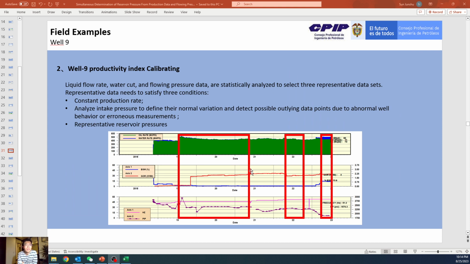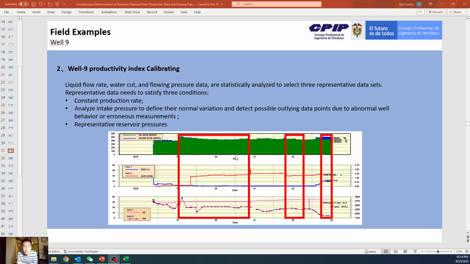Well 9 productivity index calibrating. We select another three periods with consistent production rate and reasonable intake pressure.